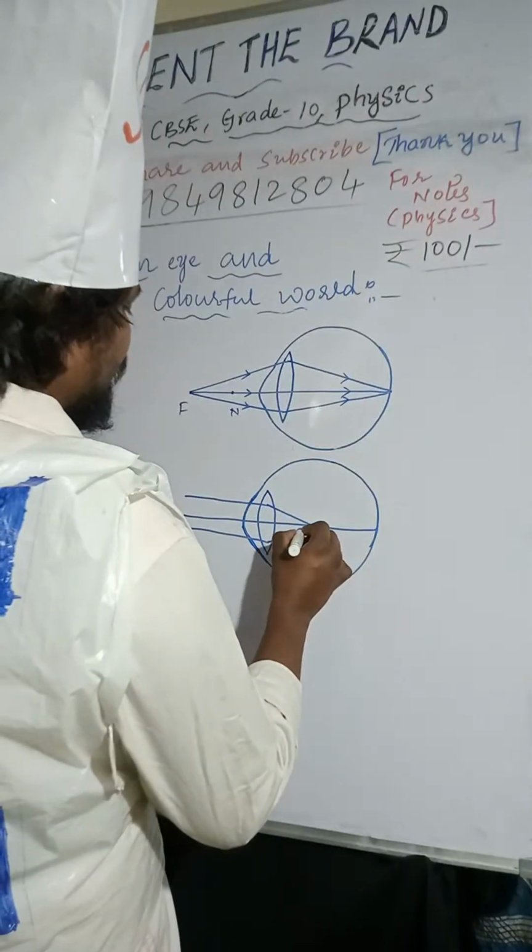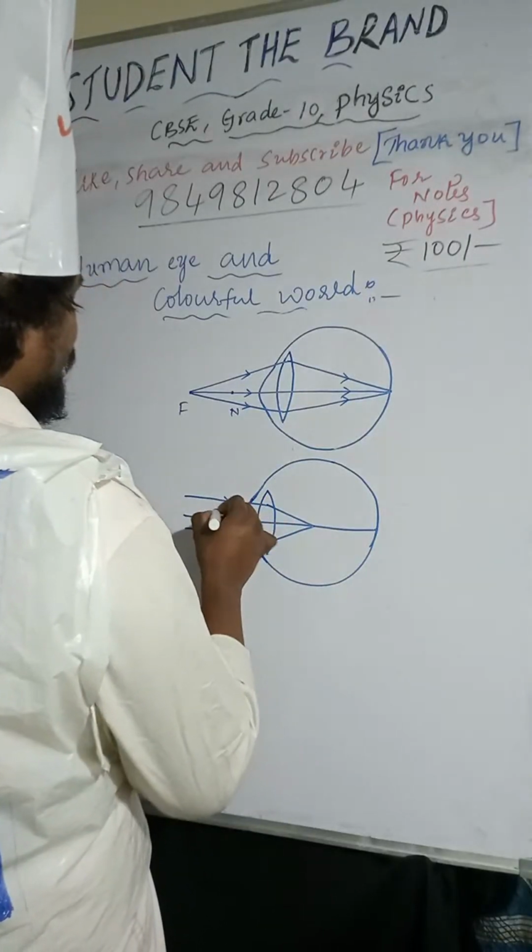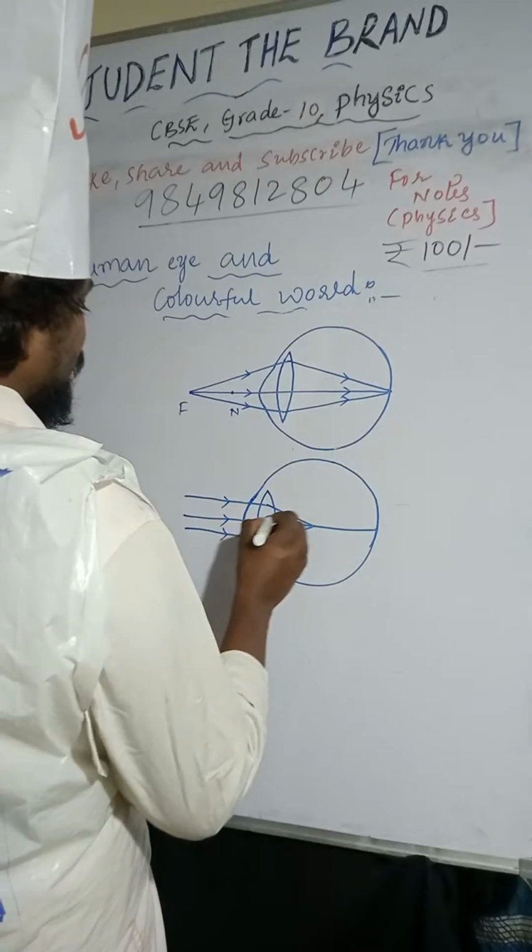So these light rays will meet in front of the retina, like this, like this.